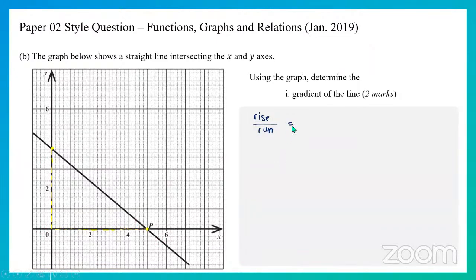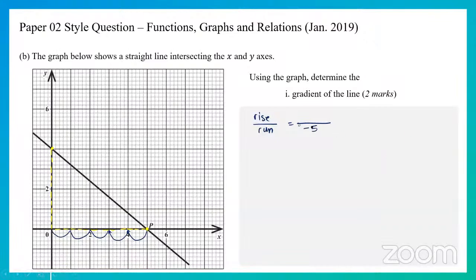I'm going to the left, that means that my run is going to be negative. Let us find what the run is going to be. So counting across here, it's going to be 1, 2, 3, 4, and 5. So my run seems to be negative 5.